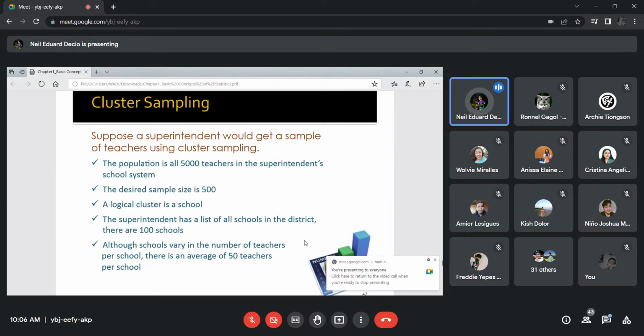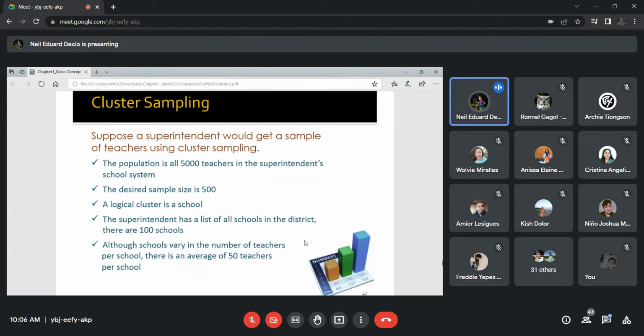So the population is all 5,000 teachers in the superintendent's school system. The desired sample is 500, and a logical cluster is a school. So for instance, in one district, there are 5,000 teachers, and the superintendent wants to select only 500 teachers.